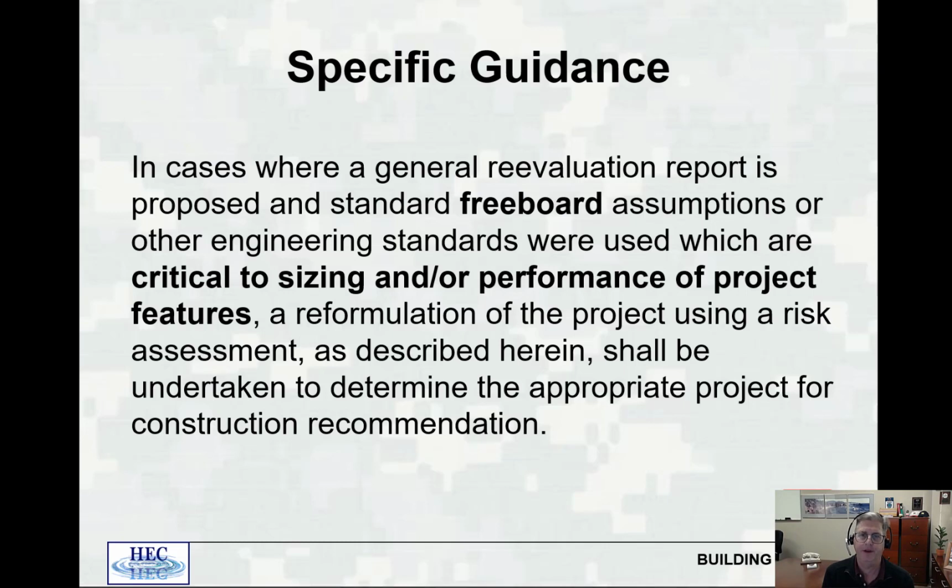For example, on a FEMA floodplain analysis, it used to say that you needed 3 feet of freeboard. Well, why 3 feet? Why not 4 feet? Why not 2 feet? The reality is that they didn't know, and they used freeboard as a safety factor for all the uncertainty that might be incorporated in the hydrologic and hydraulic analysis. So we do not use freeboard anymore. We use a risk analysis to properly define the amount of uncertainty that we can expect from those various parameters.